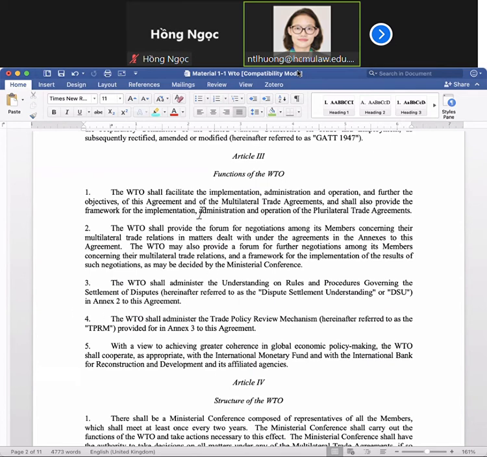But later, more developing countries joined, and so the system has also been affected by this joining, because they try to raise their voices and get more benefit from the system, and so they also contribute to developing the WTO system, and in return, the WTO system also provides a lot of benefits for these countries. Okay.